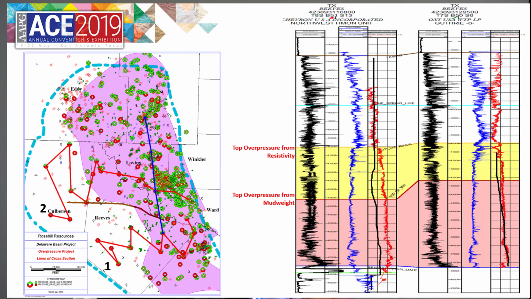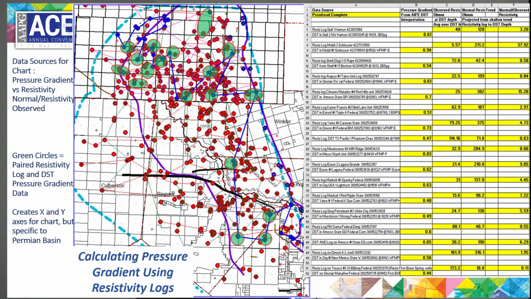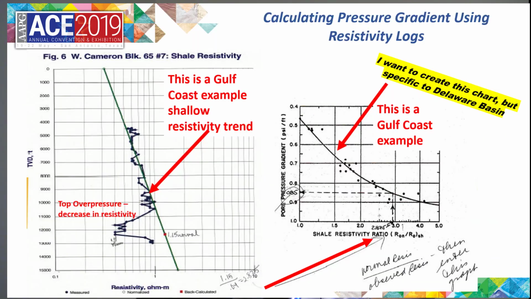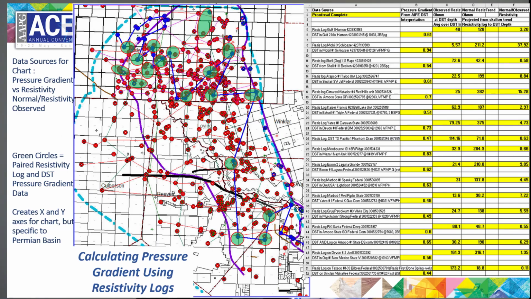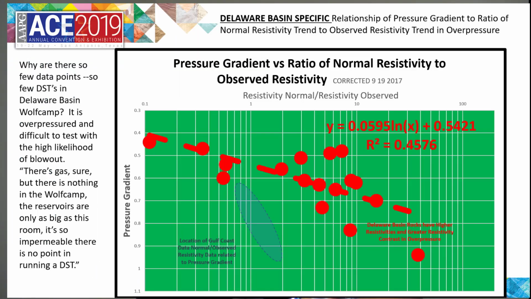Now, what other sources of pressure data would we have? There's a jillion DFIT tests that somebody must have in the Wolfcamp A and the Wolfcamp B. So I am assuming that there are lots of other pressure tests right now that would fill in this curve and maybe make that R squared a little bit better.